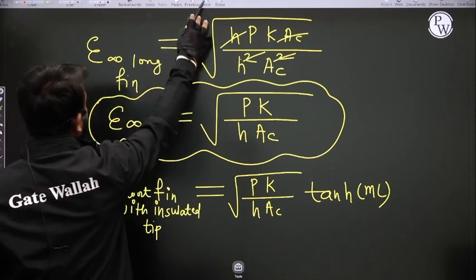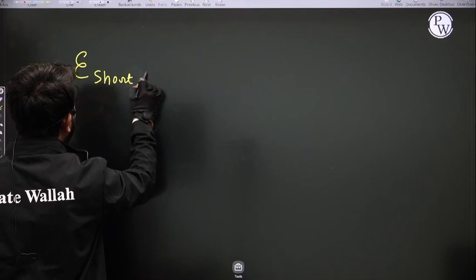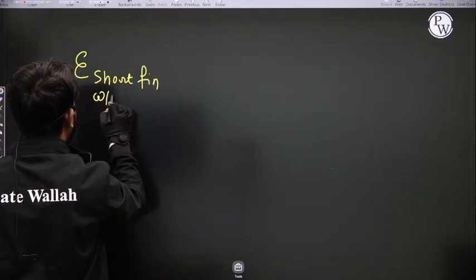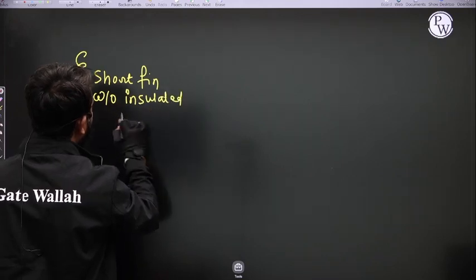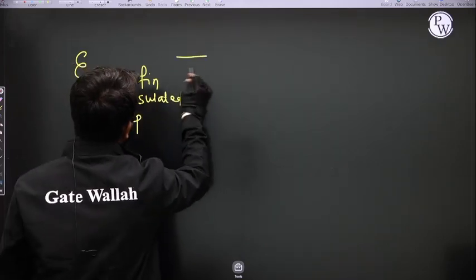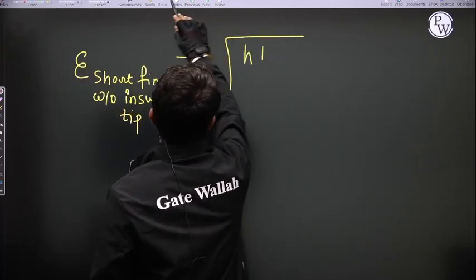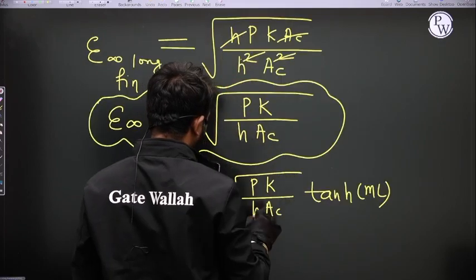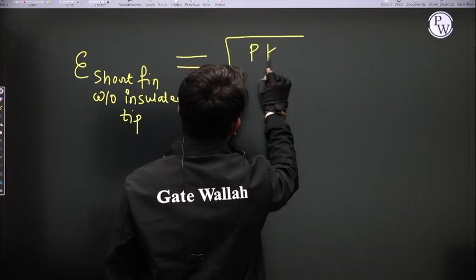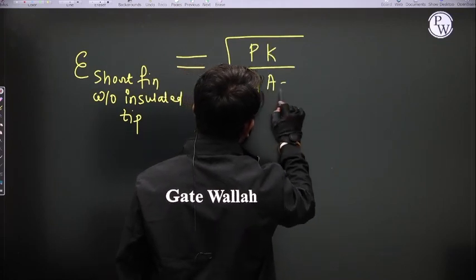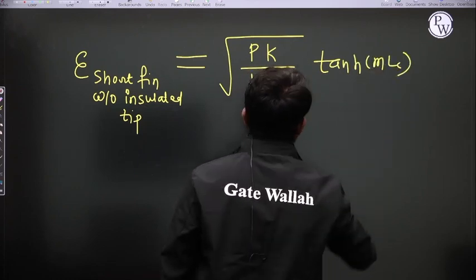If there is a short fin without insulated tip, then it is root over P k by h A_c times tanh(mL_c).